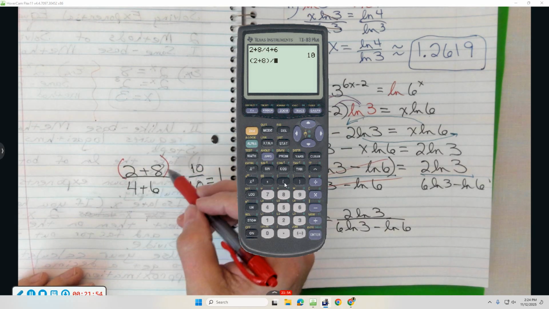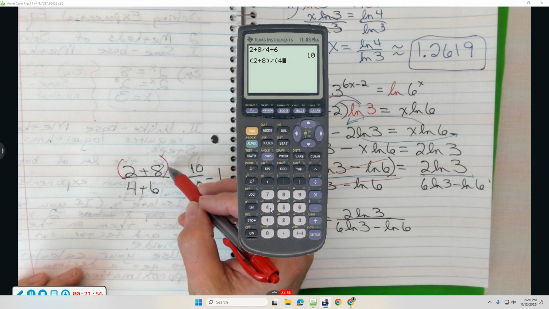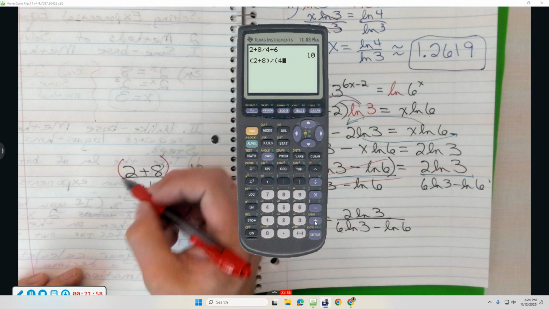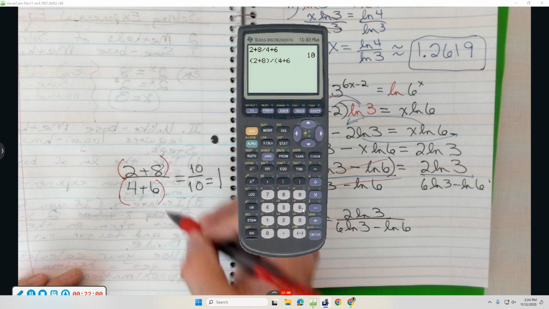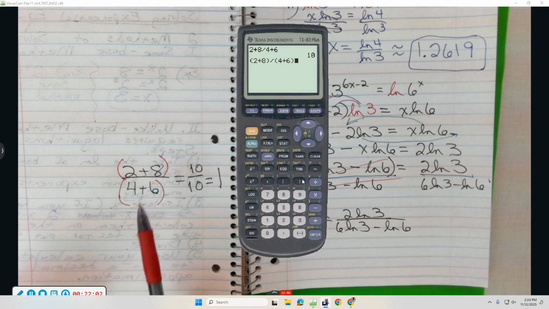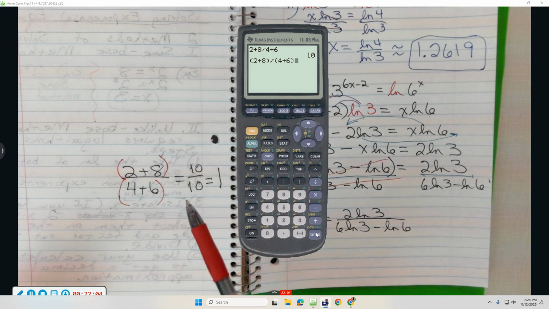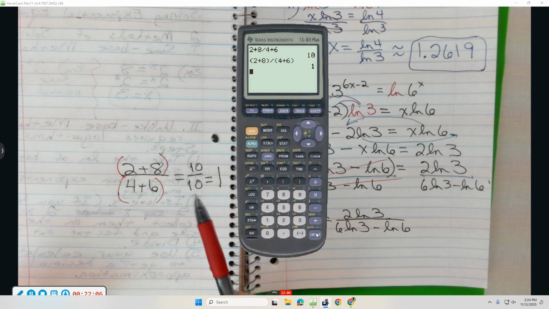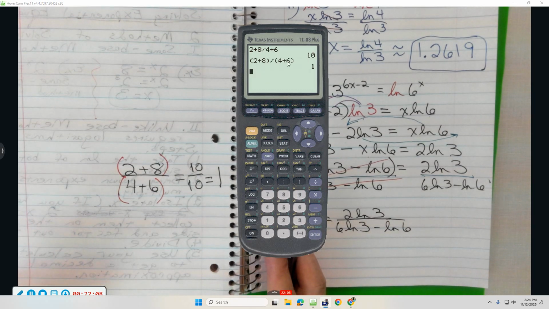You're enclosing the top in parentheses, telling the calculator, simplify that first. Then the bottom, you enclose it in parentheses, saying, do that next. And once you have that 10 over 10, what's the last operation your calculator should perform?